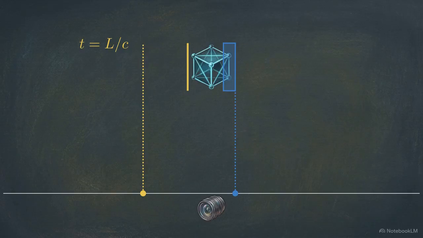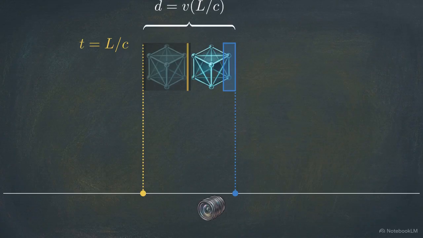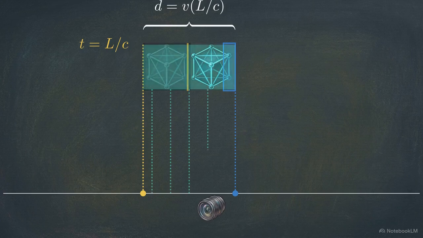But this object is moving. During that earlier time, the entire cube was physically further back along its flight path. The cube was physically further back by a distance equal to its velocity multiplied by that time delay. Because the rear photon was emitted then, the camera captures light from the side of the cube, a surface that should be completely invisible perpendicularly.